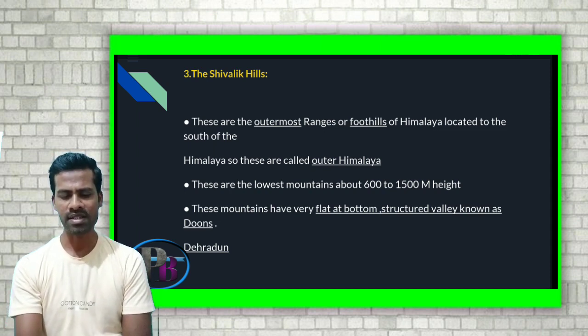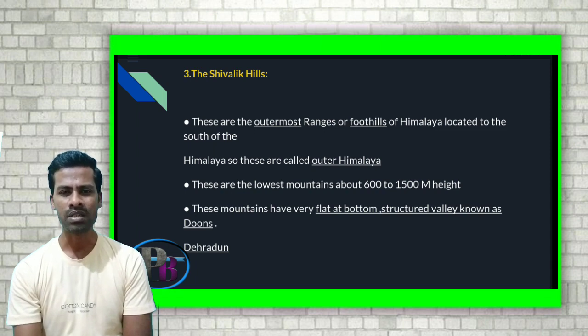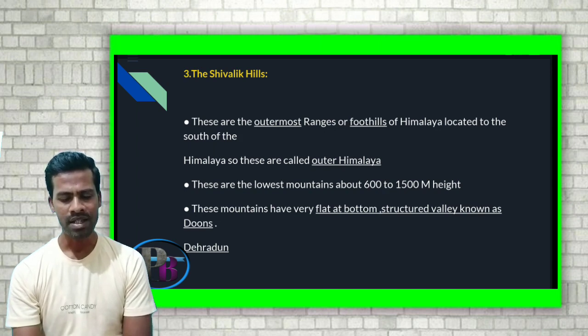And these mountains, Shivalik Hills, are flat at the bottom. Hills always have very little height compared to the peaks and mountains. And there are structural valleys, adjoining valleys on the slopes of the hills.